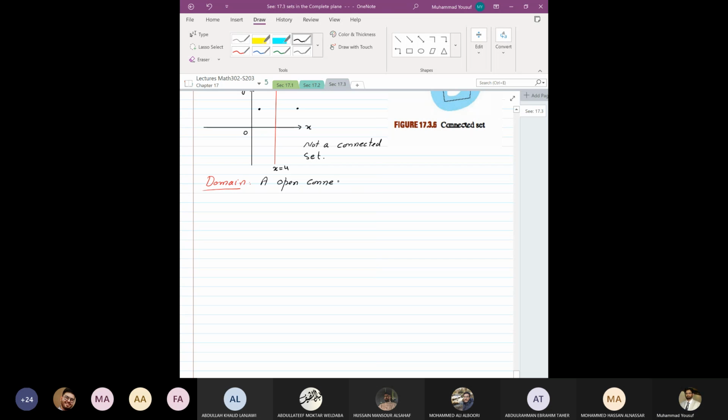Next, like I said before, if a region contains all its boundary points, then it is said to be a closed set, or say closed region.